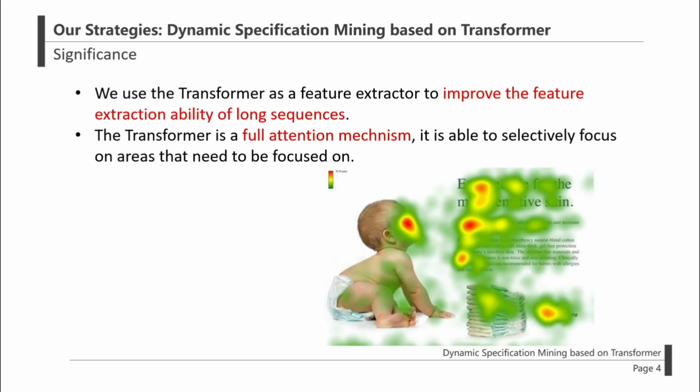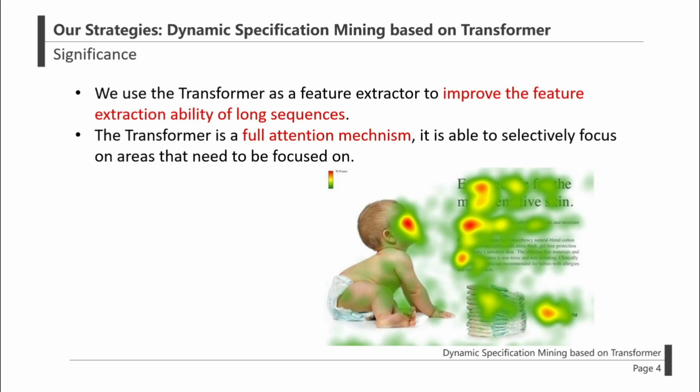In order to solve the above problems, we use the transformer framework as a feature extractor on the basis of the DSM, because the transformer can capture temporal dependencies between input and output, and can improve the feature extraction ability for long sequences. The transformer is a full attention mechanism.